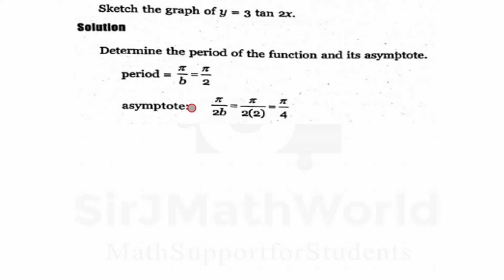And asymptote, when we say asymptote, this is what divides the graph symmetrically. Whatever is on the right should also be on the left. It is divided equally. So, for the asymptote, we have pi over 2b. The value of b again comes from here, so we have 2 times 2, which will be pi over 4.